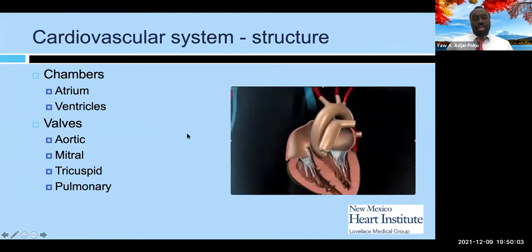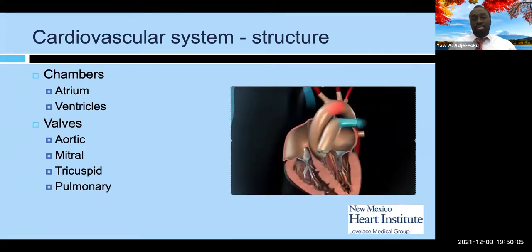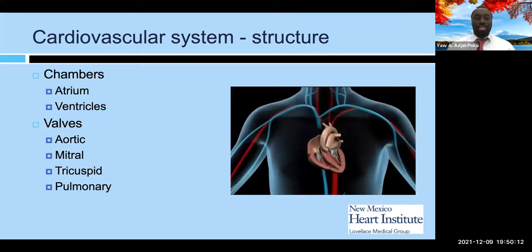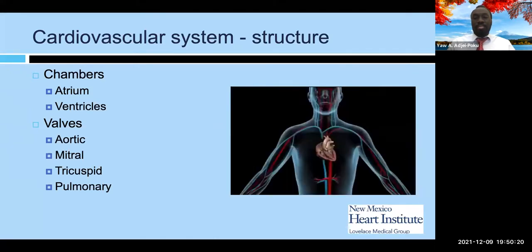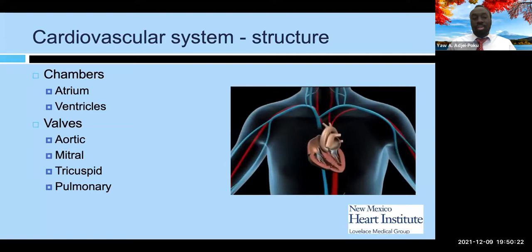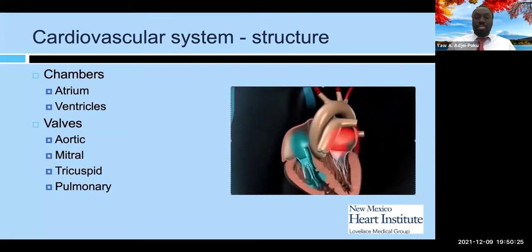When you look at the heart structure itself, it's made out of 4 chambers, 2 in the top part of the heart, which are the atria, and 2 in the bottom part of the heart, known as the ventricles. There are also 4 main heart valves that connect the top and bottom chambers, and also connect the bottom chambers to the rest of the body.